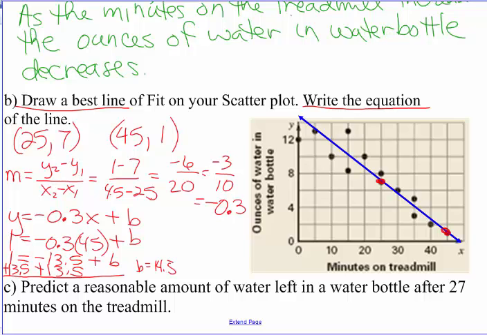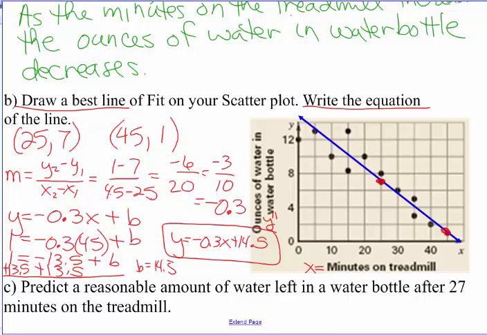Write your final equation. Y equals negative 0.3x plus 14.5. There's my equation. Okay. Make sure you identify that your x is the minutes on the treadmill and the y is the number of ounces of water. Okay.